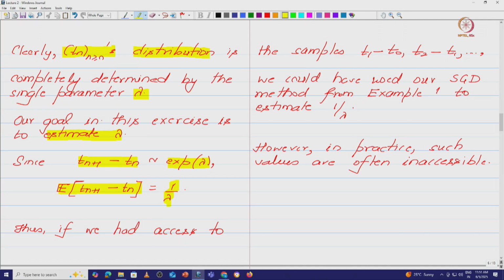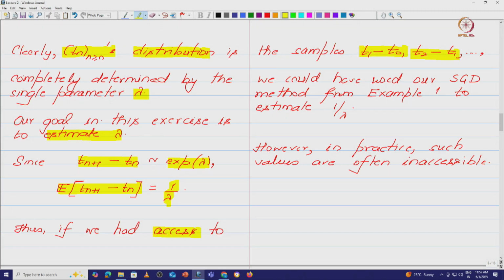This has a relation with the problem we looked at in example 1, if we had access to the values of T1 minus T0, T2 minus T1 and so on. A few slides back I said that these interchange times are exponential with rate lambda, in other words, exponential with mean 1 over lambda.